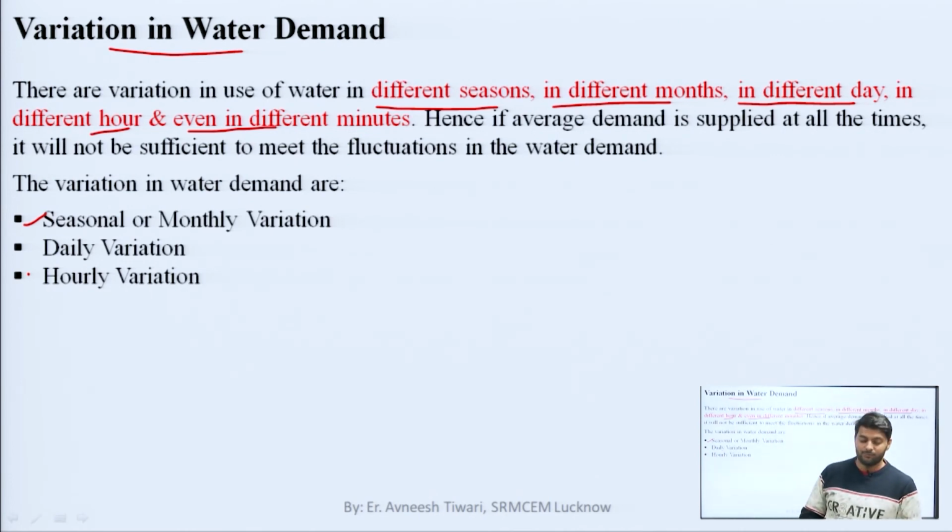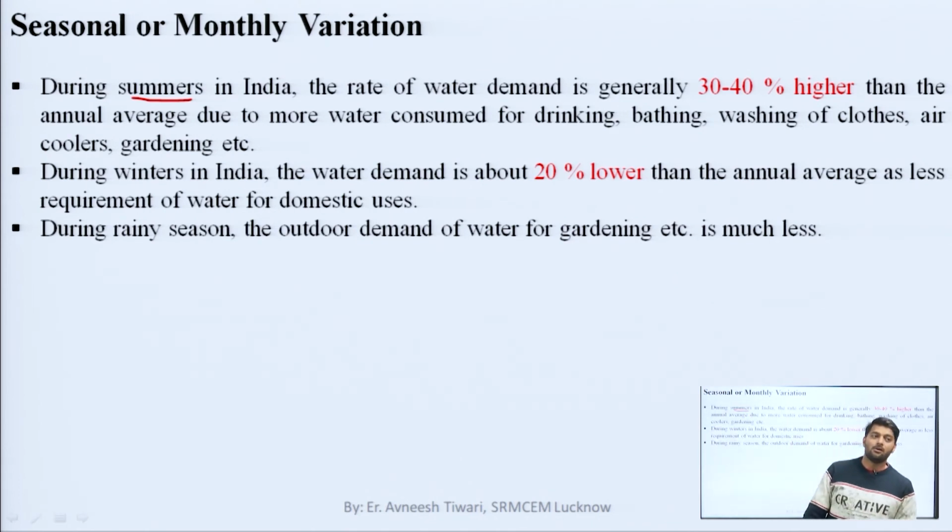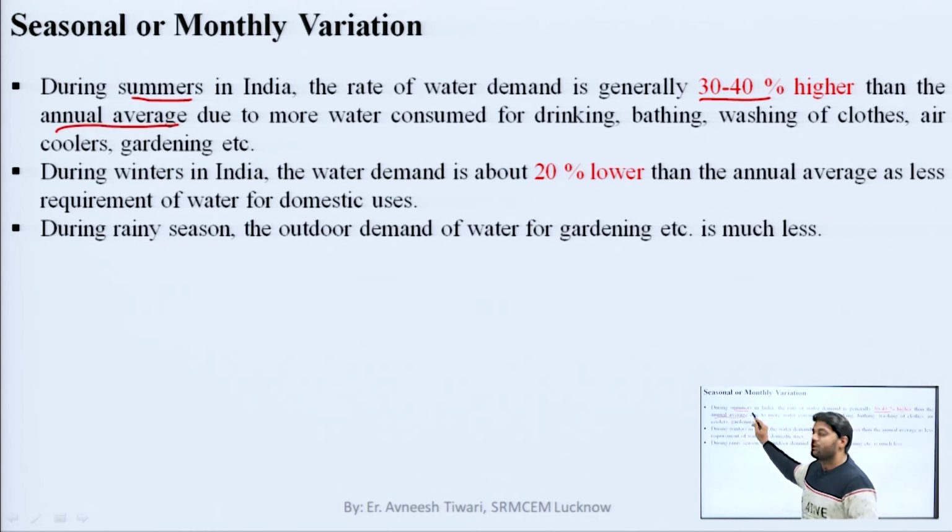So in seasonal variation, the demand varies seasonally, and this can be seen in summers. In summers, water consumption increases and water demand also increases. The demand increases by 30 to 40% with respect to our annual average water demand.